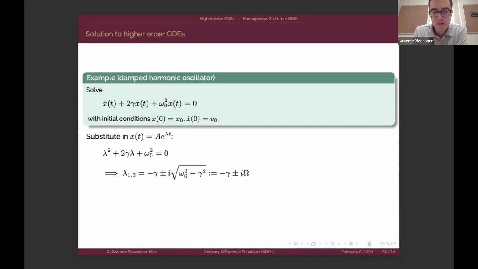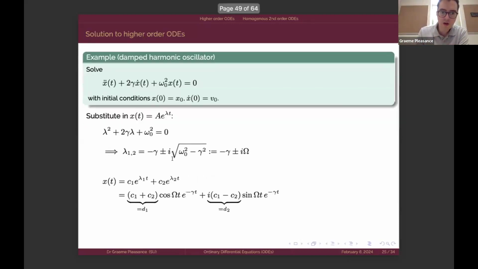And what we can do is define a new variable, which I call omega. Here omega is equal to the square root of omega naught squared minus gamma squared. As you can see, in general these roots occur as complex conjugate pairs. So the general solution will be written in this form.